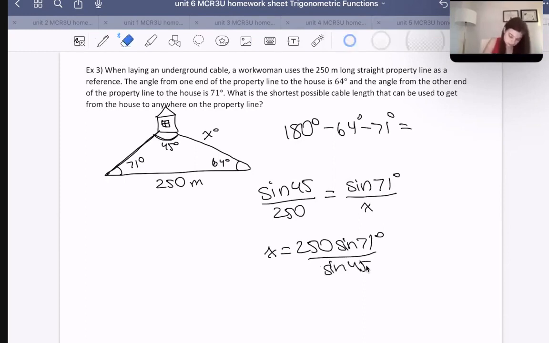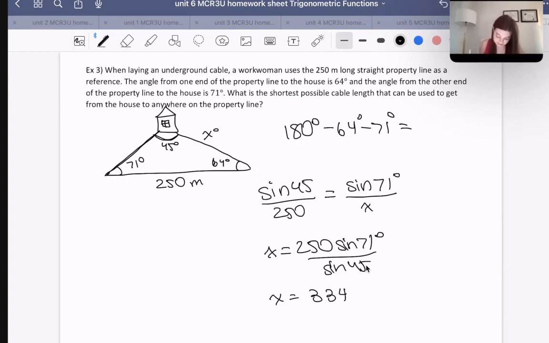So 250 sine 71 divided by sine 45. That is going to be 334 approximately.